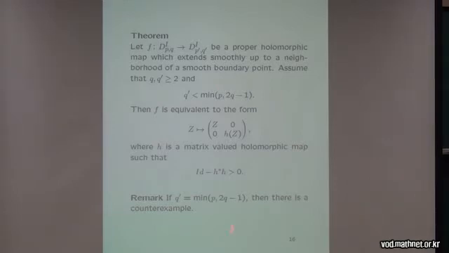So this is my recent result. If F is a proper holomorphic map which extends smoothly to the boundary, so we want to use the boundary structure, so we assume that F extends smoothly to the boundary, and here Q and Q prime are the ranks. If the rank satisfies this condition, then F is always of this type.